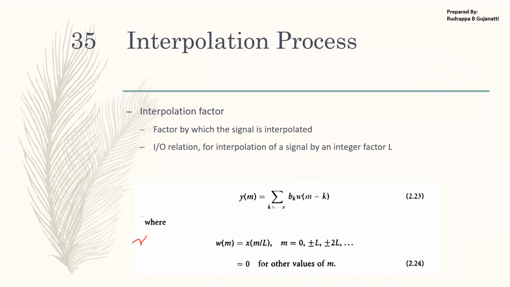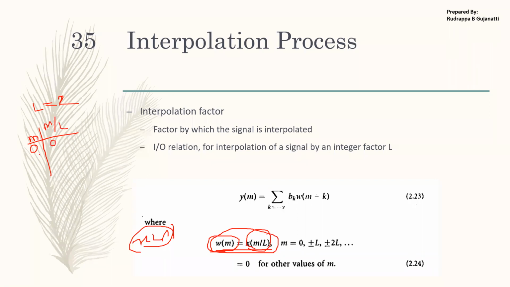Once I get a sequence x of n, I have to obtain w of n, which is nothing but the interpolated version of x of n. So here you can just observe what happens. This will be the interpolating signal. If I consider lowercase m value, and if I consider L is equal to 2: if m is 0, what will be m by L?